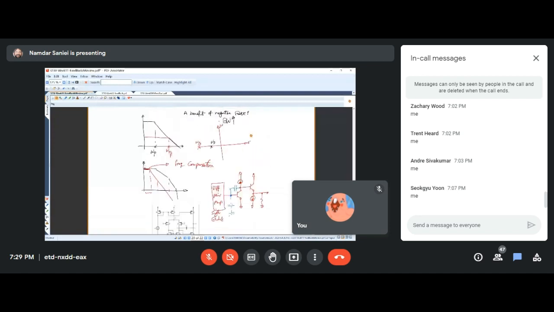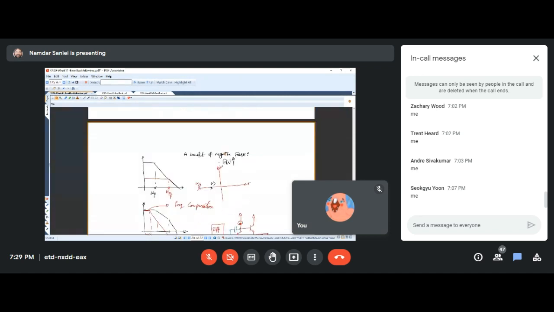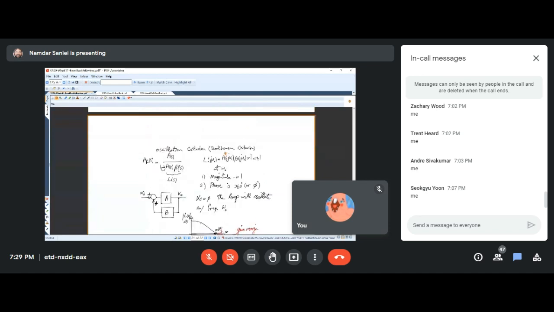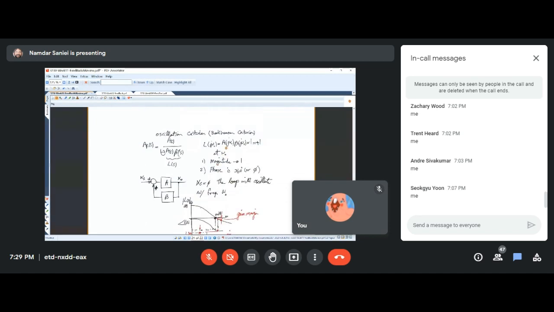Yeah, that's exactly true, unless you can control the gain such that... what does this K beta equal to 1 mean? Here, K beta equal to 1. It means the same amount that you are amplifying, you have attenuation in your beta. And remember, beta was a network that was taking the output and sampling it, bringing it back to the input.